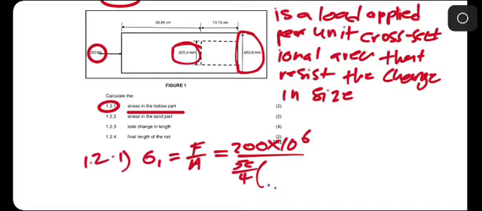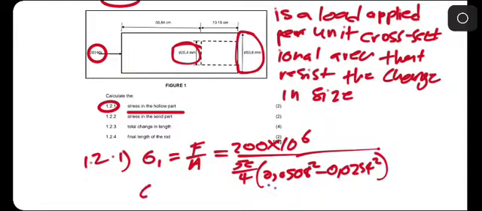Our cross section will be 0.0508, do not forget to square that, then we subtract the inner one, which is 0.0254, and we square this.